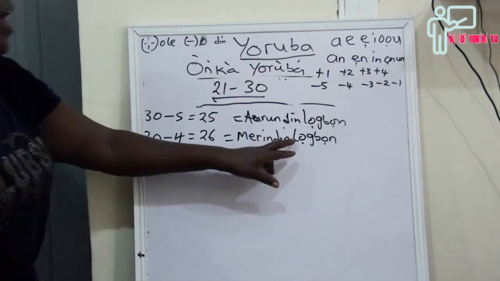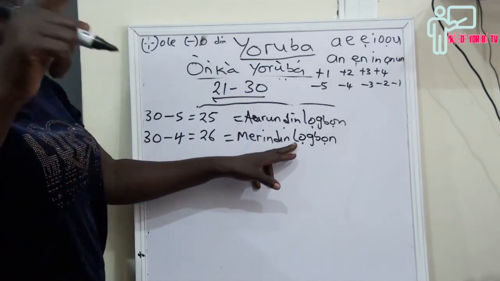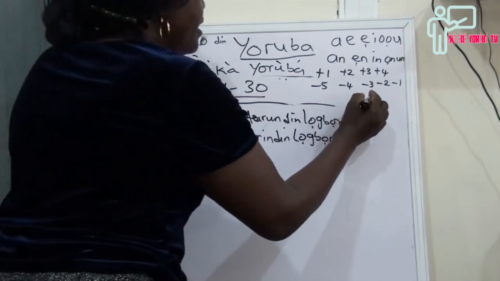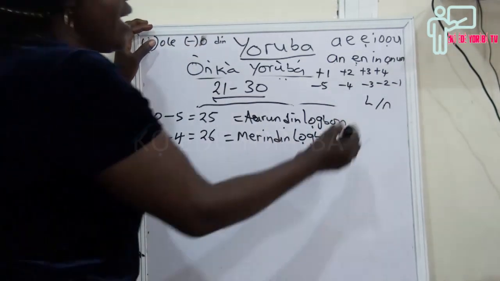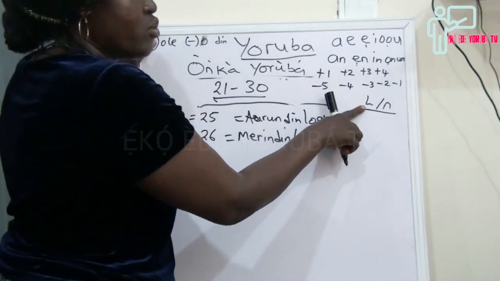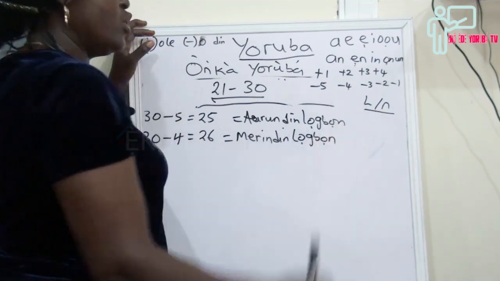You know where we get this L, I've explained. Mẹ́rìndínlọ́gbọ̀n. The letter L and N. Li, you remember? L, li, N, ni in Yoruba.